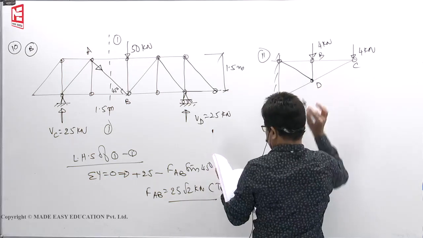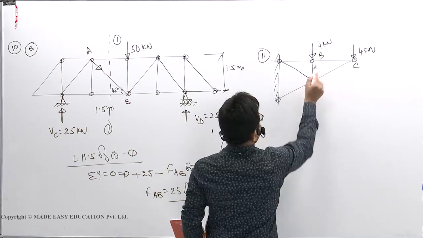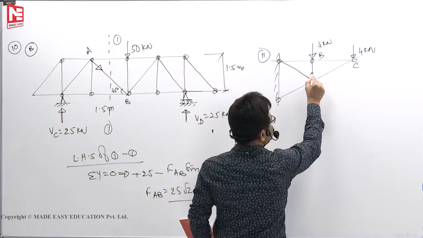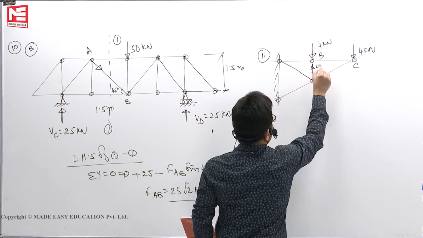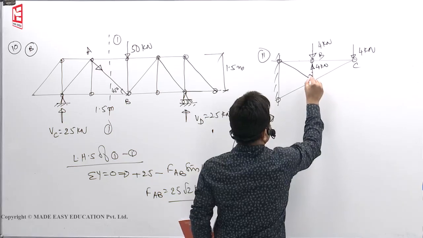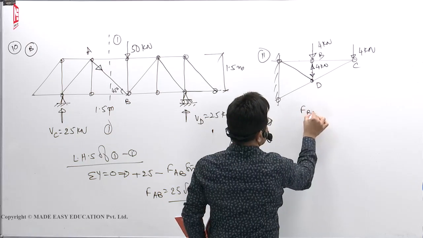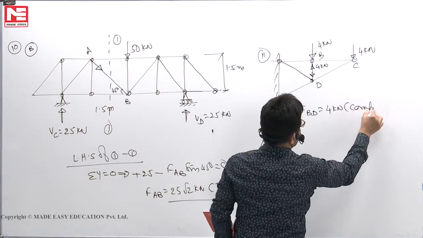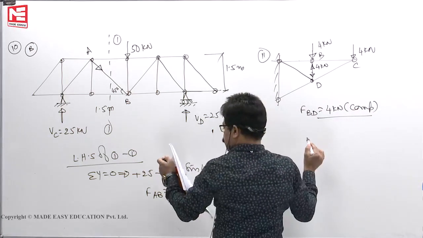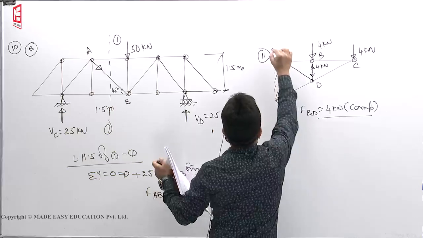Some loading was given. Now you see 1, 2, 3. 2 are in line. It could have been 0 if this is not there. Now 4 down, so this must be 4 up, towards the joint. So force in the member BD is 4 kilonewton. Arrow is towards the joint, so compression. FBD is 4 kilonewton compression.